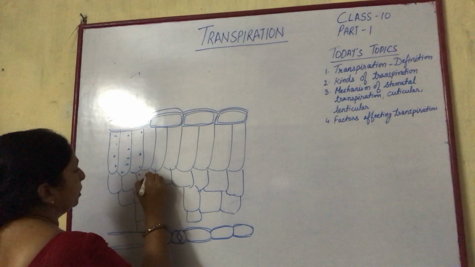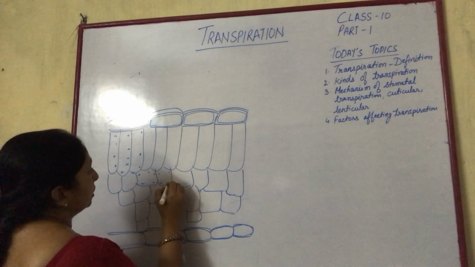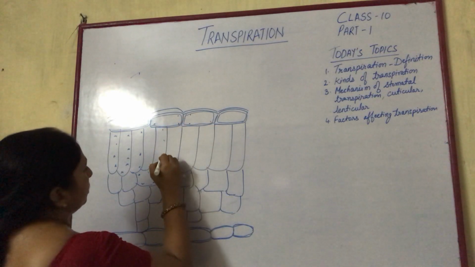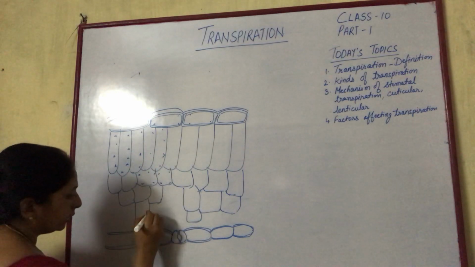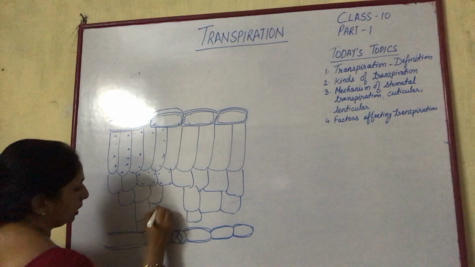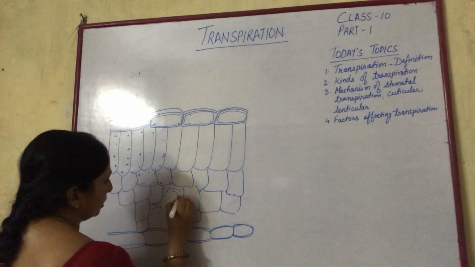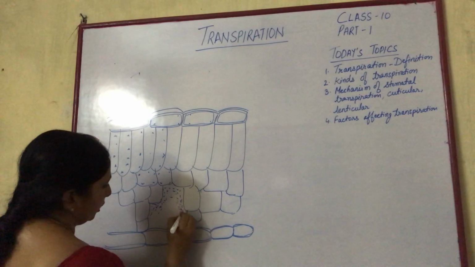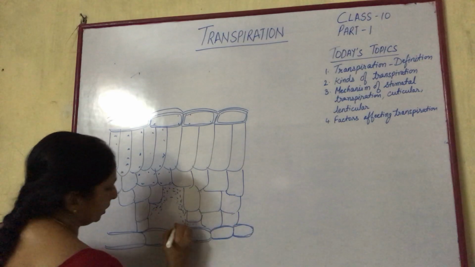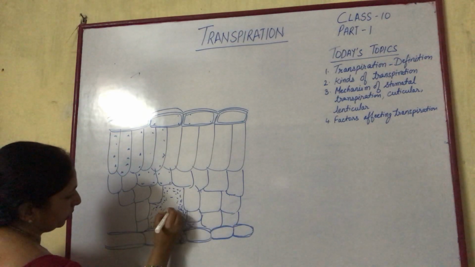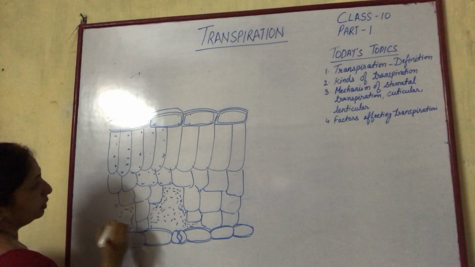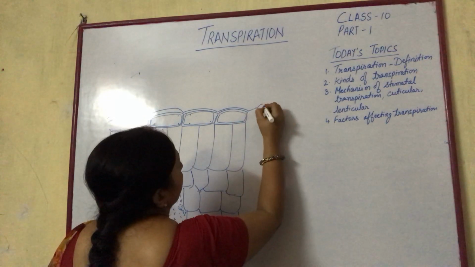It is present in all the green colored parts of the leaf. I am not drawing it in all the cells, just a representation. Now these areas are the empty spaces. Here the water vapors diffusing from the cells come to these portions and deposit. So let's first label it.